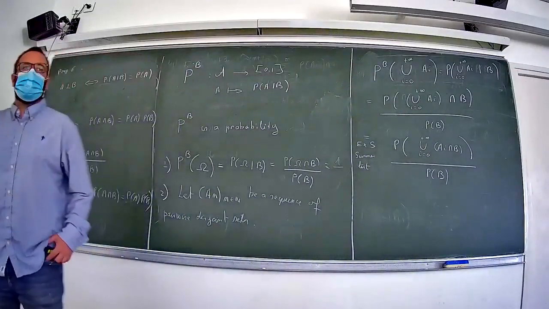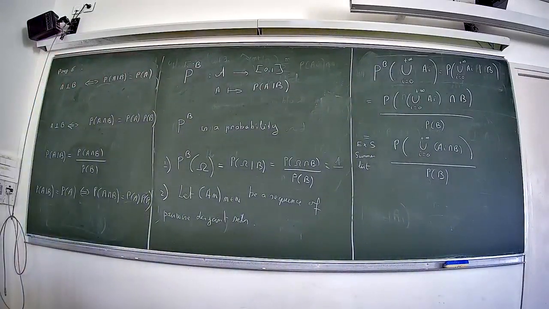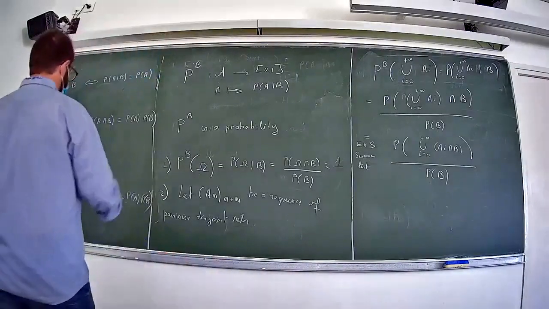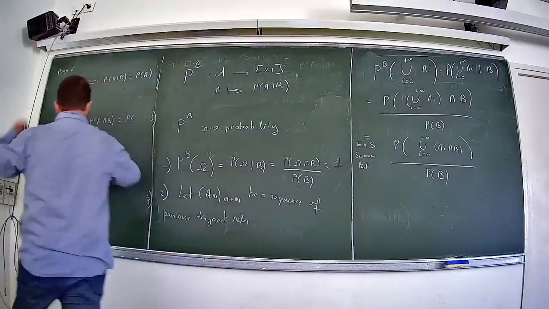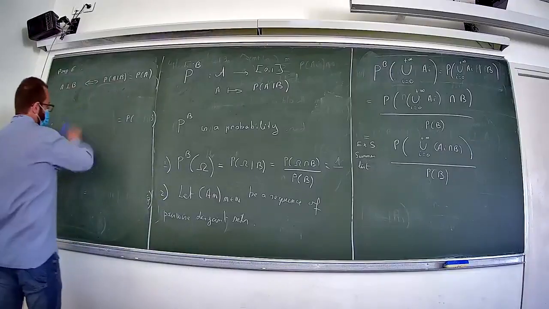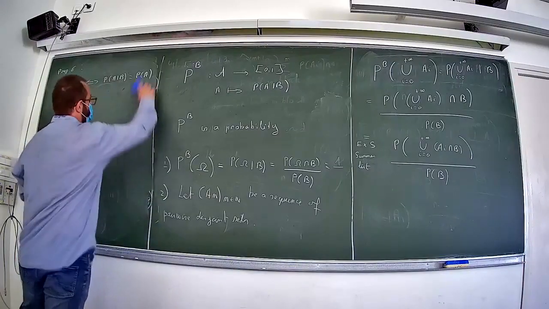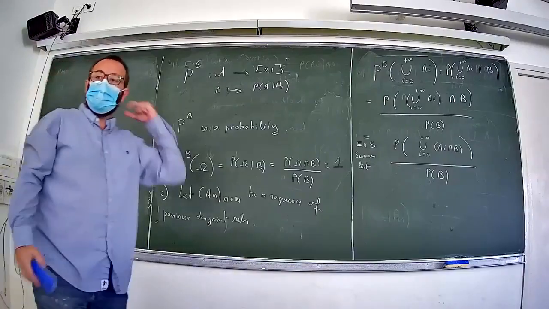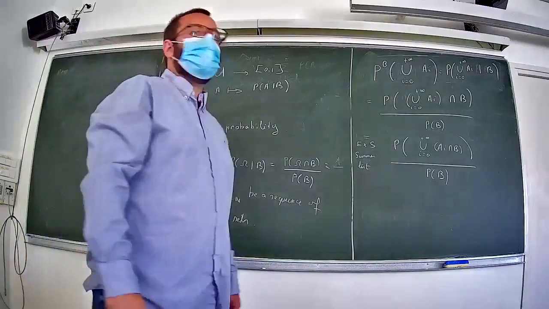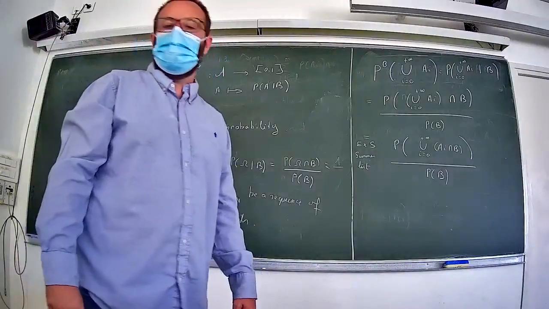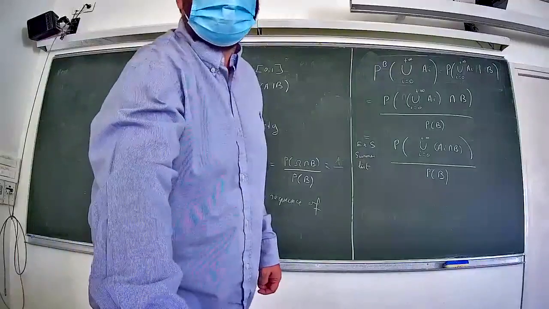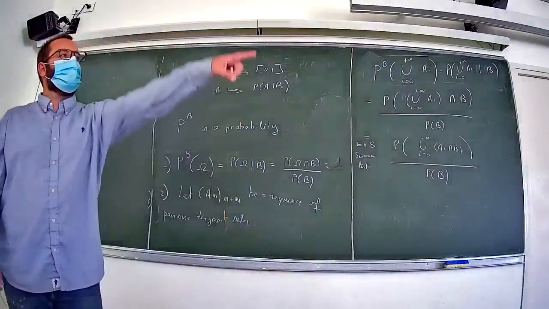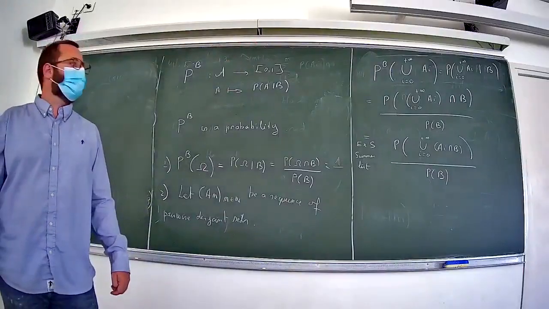Okay? For the moment, there is something that I haven't used, and that is important. I haven't used the fact that P itself is a probability. That is something that fulfills what is written on the slide here.